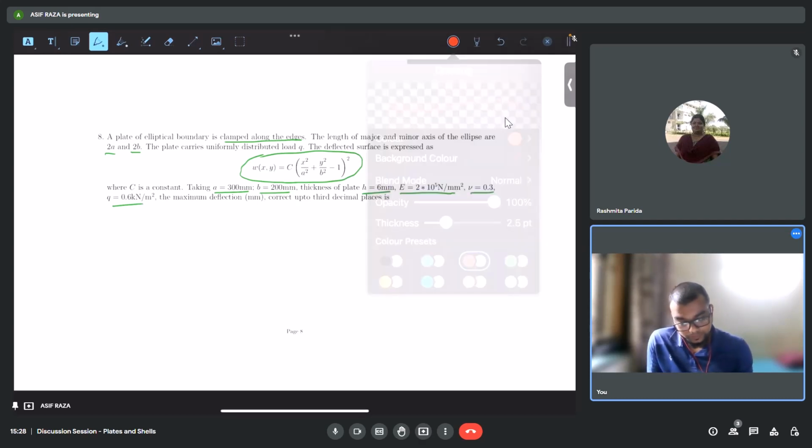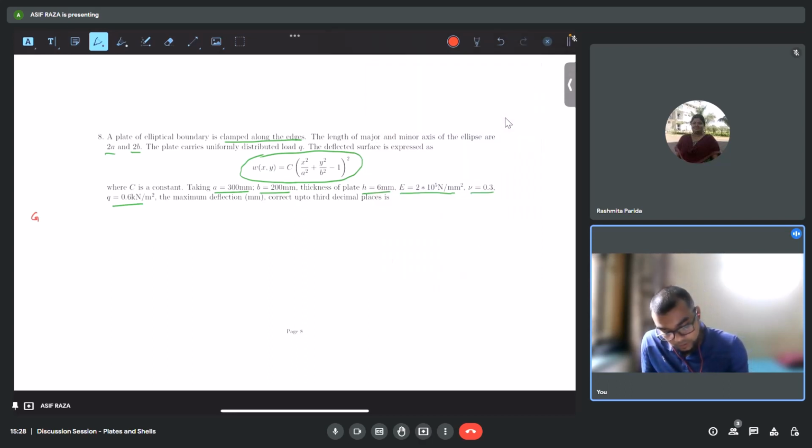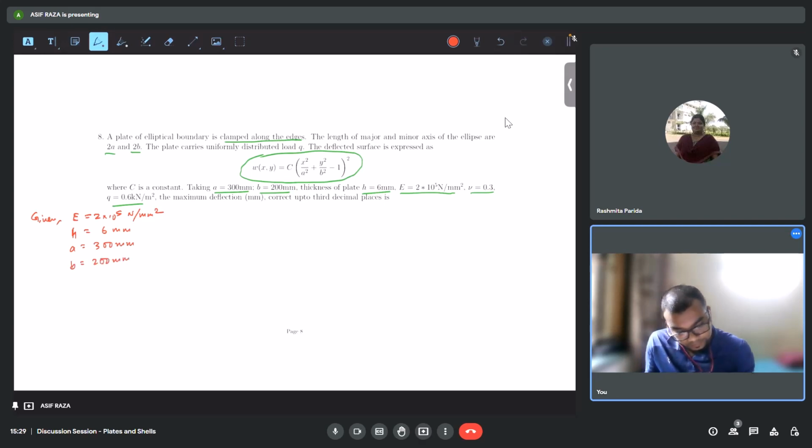So we are given with values E as 2 into 10 power 5 Newton per mm square, H as 6 mm, A as 300 mm, B as 200 mm, Q as 0.6 kilonewton per meter square.